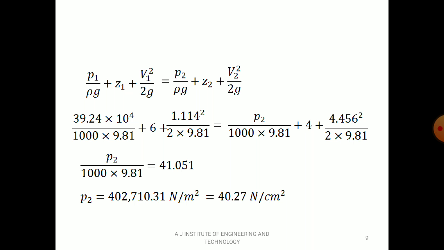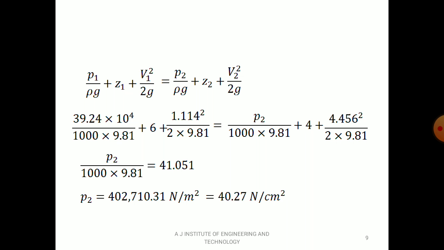That is equal to P2 divided by 1000 into 9.81, plus Z2 is 4, plus 4.456 square divided by 2 into 9.81, where V2 is 4.456. Upon simplification, P2 divided by 1000 into 9.81 is equal to 41.051. Now P2 can be obtained by cross multiplying 1000 into 9.81 to the right hand side.